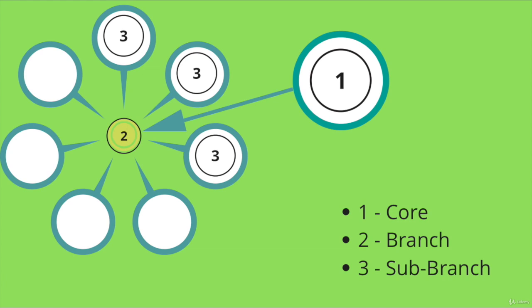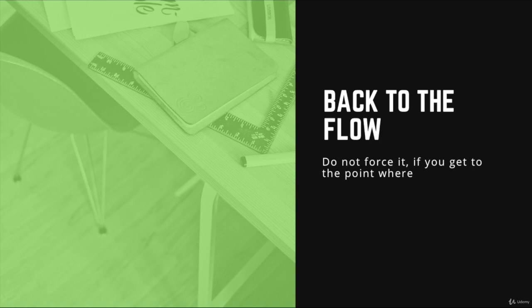You add the sub-branches, make sure that they are relevant to the branch, make sure that they are relevant to the main idea, and make sure they are relevant to the main goal, to the big goal that you have. Don't force it, just let it go with the flow. Try to eliminate all those sub-branches that are not important or not related to your goal, your idea, or your branch, and then work on each and every one of them.